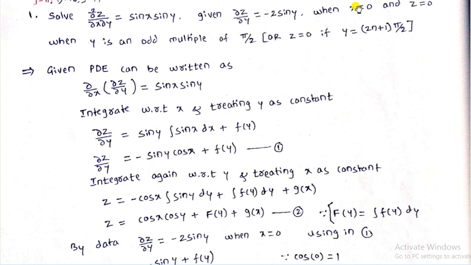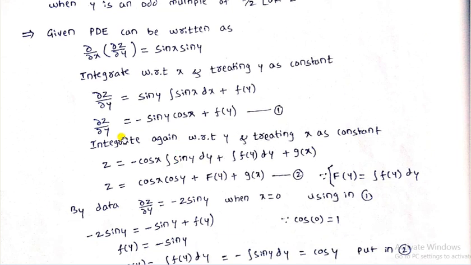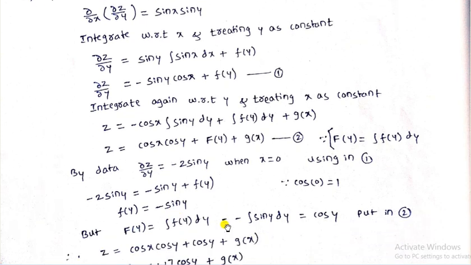Using these two conditions in equation number 1, dou z by dou y is equal to minus 2 sin y is equal to minus sin y, if you substitute x equal to 0, since cos 0 is 1, plus f of y. Shifting the minus sin y to the left hand side it becomes plus sin y, and minus 2 sin y becomes minus sin y.